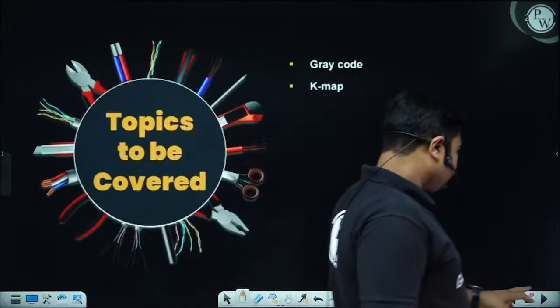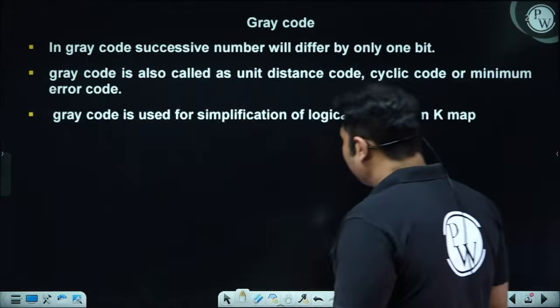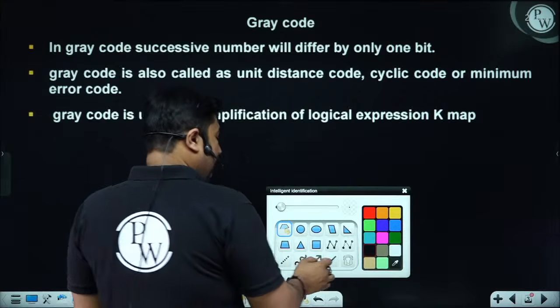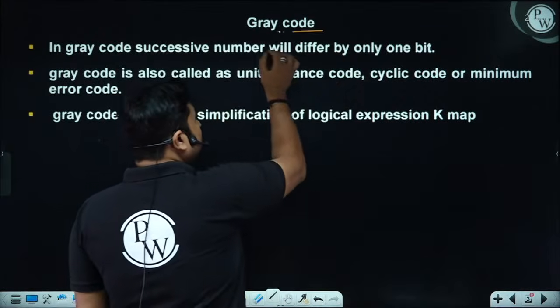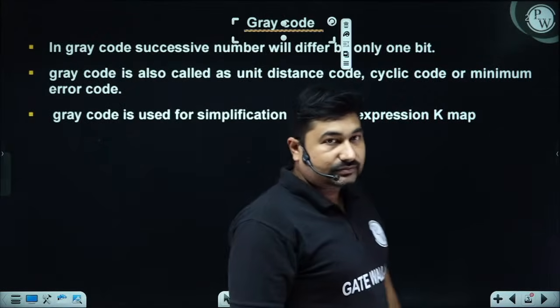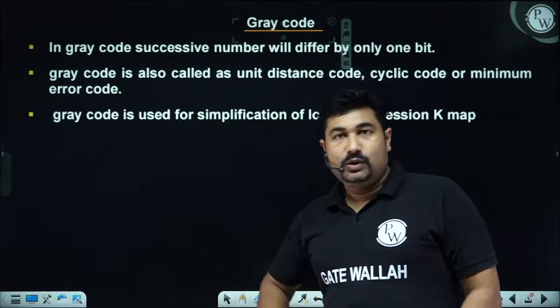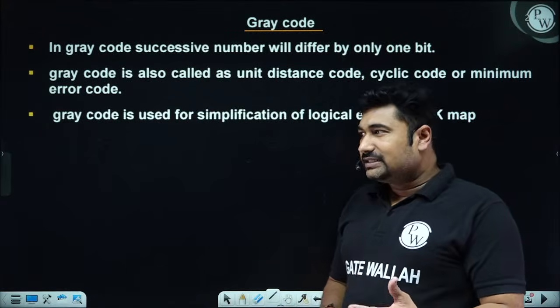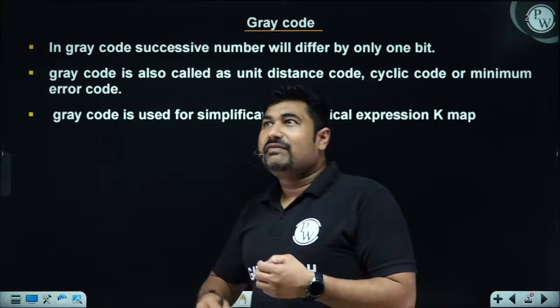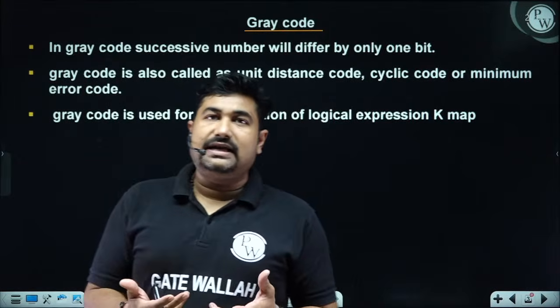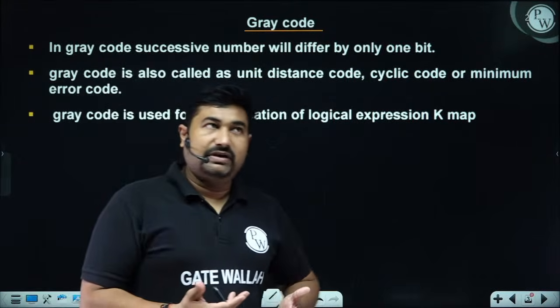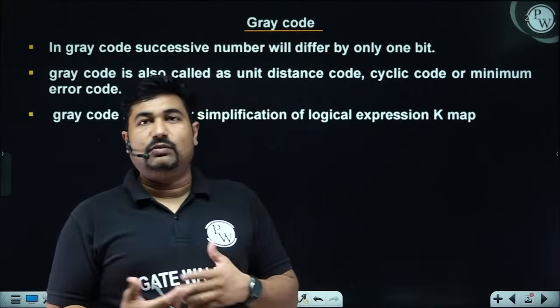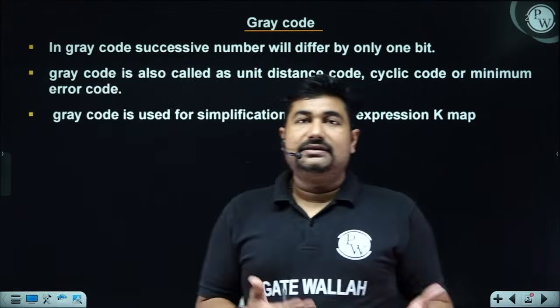Okay, now please observe here. Write down first gray code. So what is this gray code? Just like binary code, we have one language that we call binary code. We write decimal 1 equivalent in binary as 0 1.